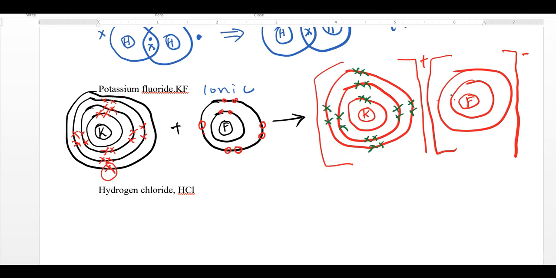This one has 1, 2, 3, 4, 5, 6, 7, 8. The cross is from potassium, and now this one is the potassium ion, and this one is the fluoride ion, like that. So when they combine now, they form potassium fluoride.